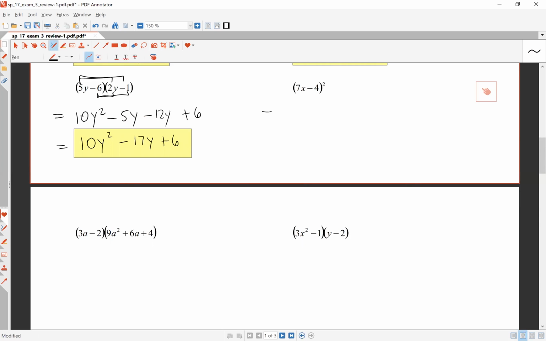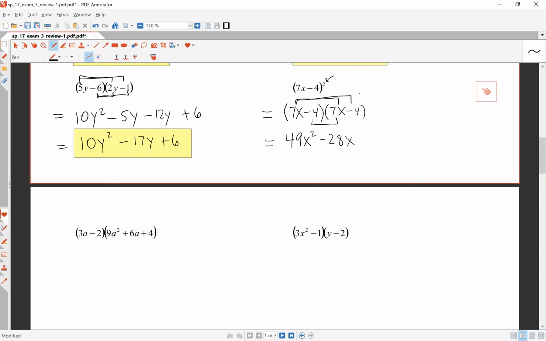The square of 7x minus 4. When we square a binomial, it's best to repeat the binomial twice as indicated by the exponent. Then we use the FOIL method. 7x times 7x is 49x squared. 7x times negative 4 is negative 28x.